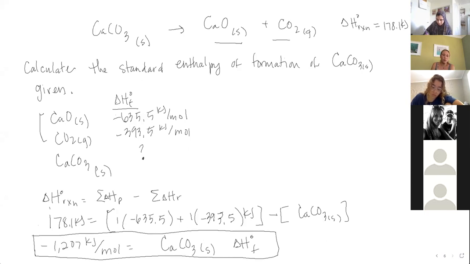So for every one mole of calcium carbonate solid, we have negative 1207 kilojoules. You can confirm your answer by looking this up in the table, and this is also what's tabulated. So that's great.